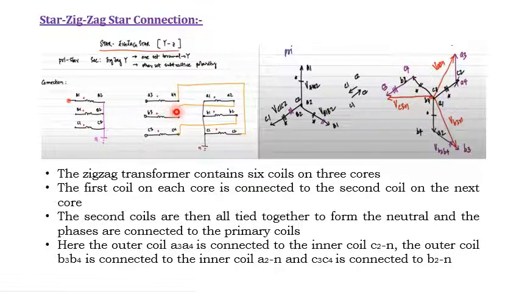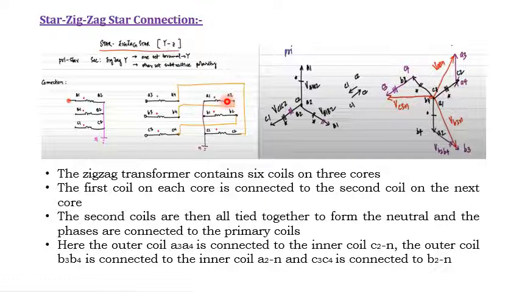And the zigzag star connection consists of 6 coils. Here 3 coils are there, here 3 coils are there, and one set of 3 coils is connected in the star configuration. Another set of 3 is connected in the subtractive polarity of this star type connection.